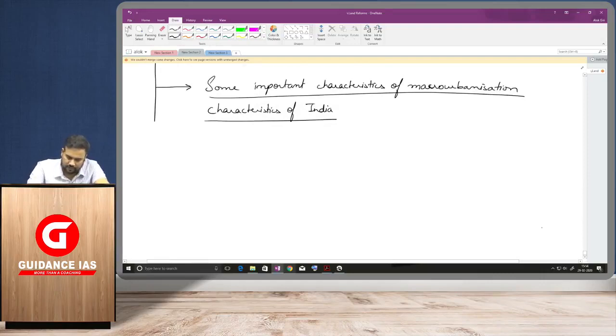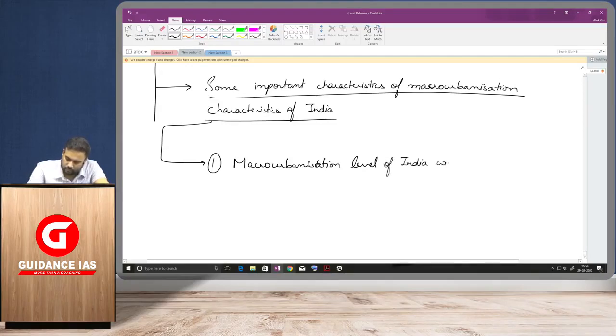So if we talk about these important characteristics, the first important characteristic is that the macro urbanization level of India was low.